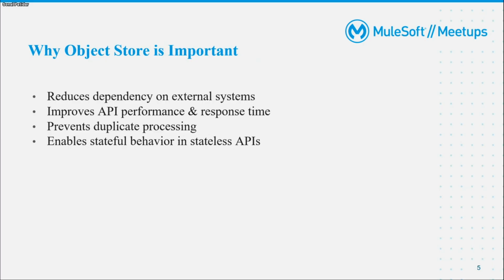For example, in systems like payment systems, duplicate requests are very risky. By using object store, we can track requests and avoid reprocessing. If the same request comes again, we skip processing and return the previous result. Basically, object store helps us build stateful behavior in stateless APIs.